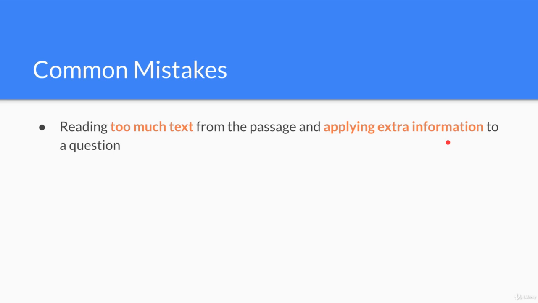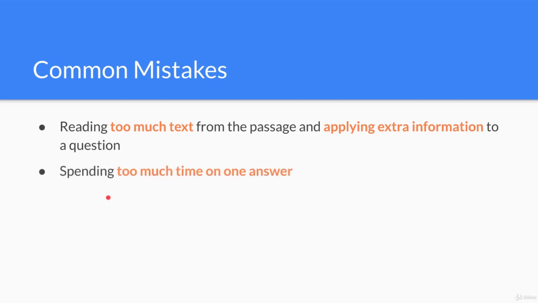In other words, you are answering the question in a way that it should not be answered in. Okay? So don't apply extra information, apply just the right amount of information. And if you're going to apply the right amount of information, then for that, you have to read just the right amount of text. Not too much text and not too little text either.